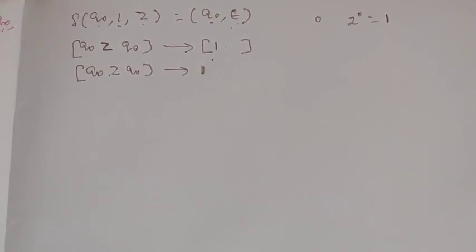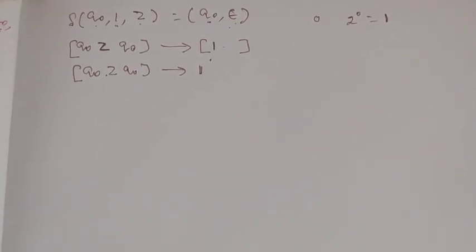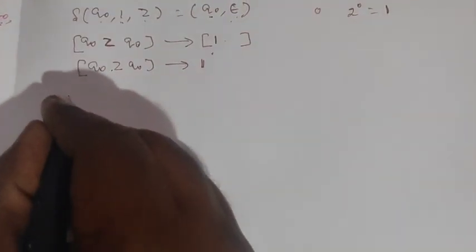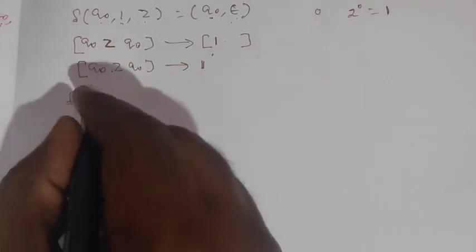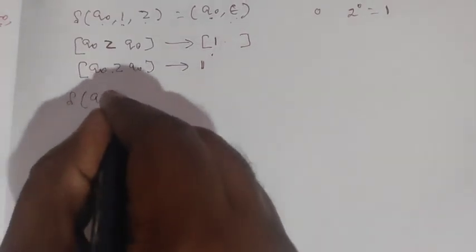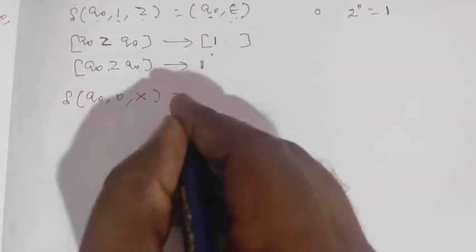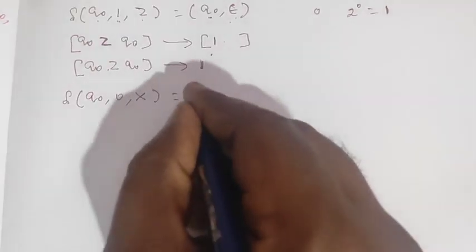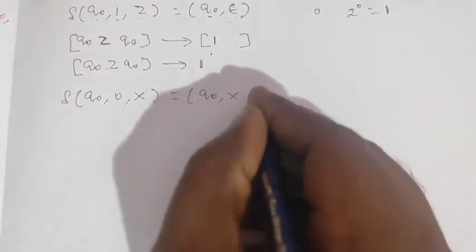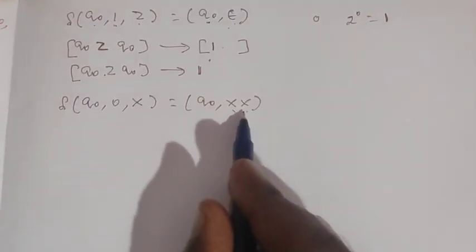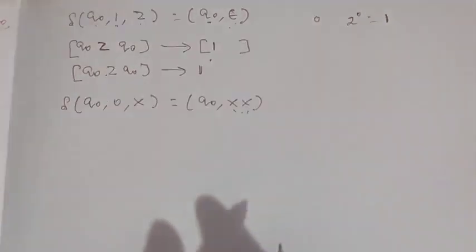Now you will go and write the fourth production. Production 4 is delta of q0, 0, X is equal to q0, X and X. Since there are two symbols in the stack, 2 to the power of 2, actually 4 productions we have to write here.